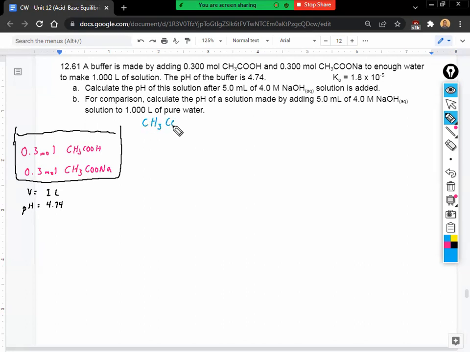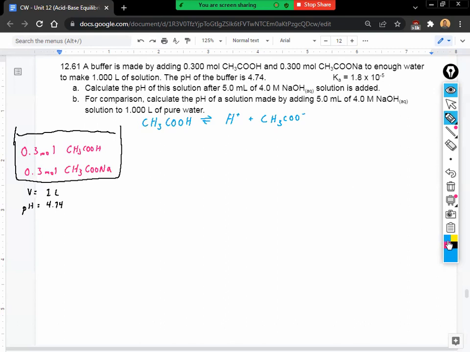Dissociation for acetic acid, because we have the Ka, because it goes into equilibrium, right? It's going to be H plus and acetate, the acetate ion. This is the equilibrium that's going on in there. Remember, sodium acetate is a strong electrolyte, so it gets priority in the dissolution.